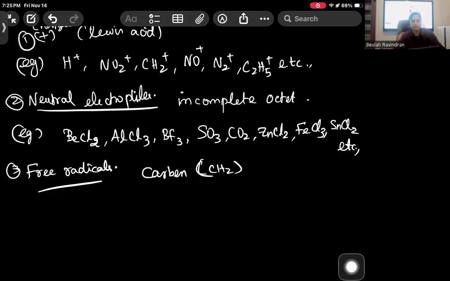Then we'll see nucleophile. A nucleophile is just the opposite, directly opposite to the electrophile. Right? Nucleophile is an electron-rich species. What is a nucleophilic center? An electron-rich center where the electrophile can be attracted.